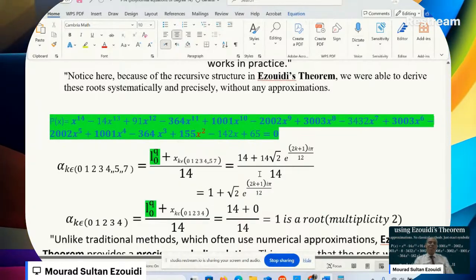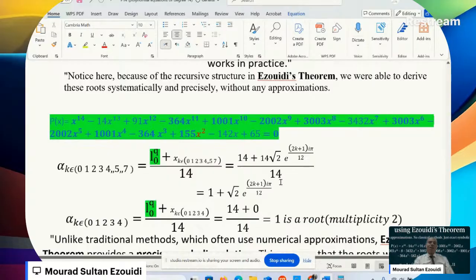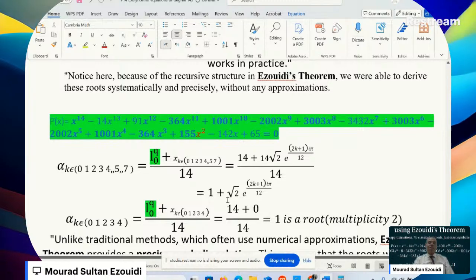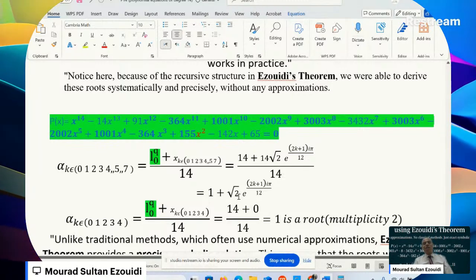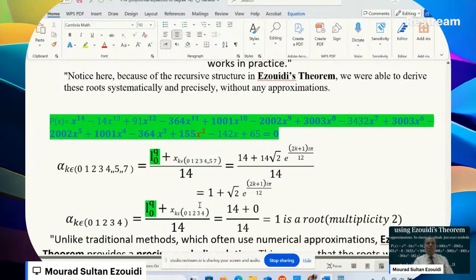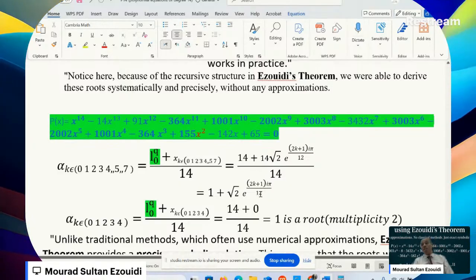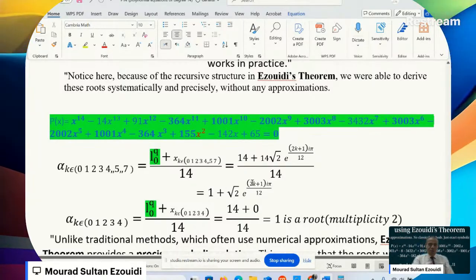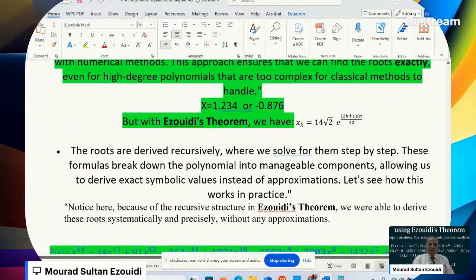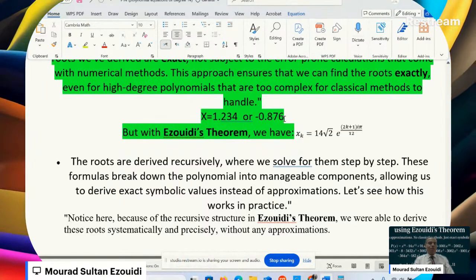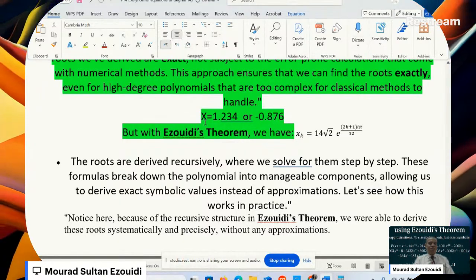This bypasses Abel's theorem, Abel's assertion, because he said that we can't solve polynomial equations of power more than 5 with radicals, and this one is a radical, expressed in complex numbers. And before, using Newton's method, he found 1.234 and minus 0.78, which are not the correct roots.